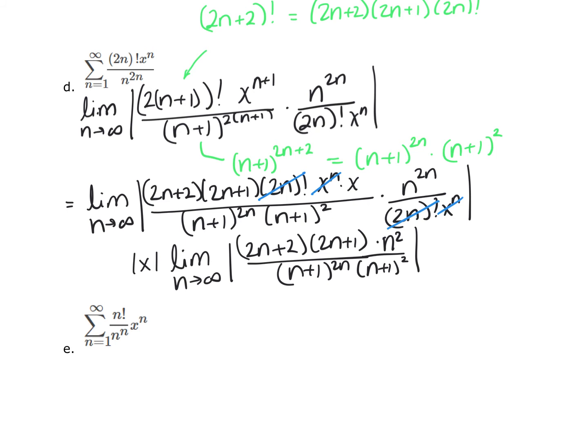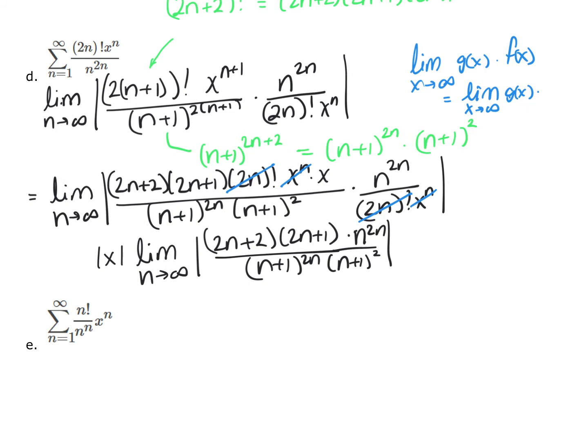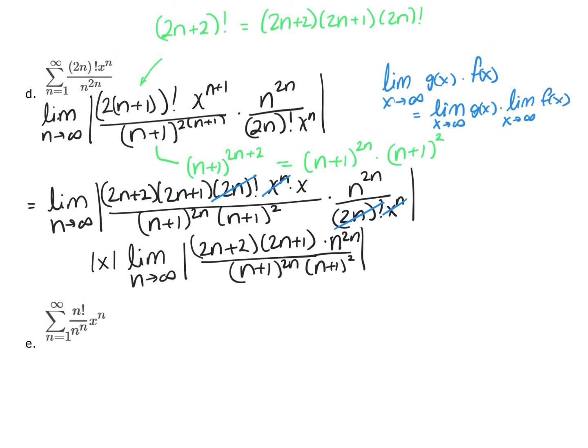Now I'm going to use my limit laws that says if I have the limit as n goes to infinity of g of x multiplied by f of x, this would be x goes to infinity, not n. This is equal to the limit as x approaches infinity of g of x multiplied by the limit as x goes to infinity of f of x. So this is going to be equal to the absolute value of x, the limit of n goes to infinity.